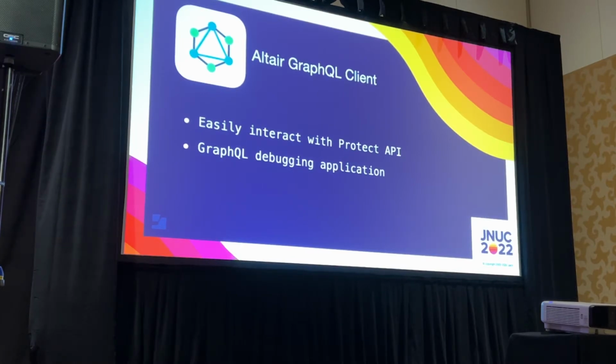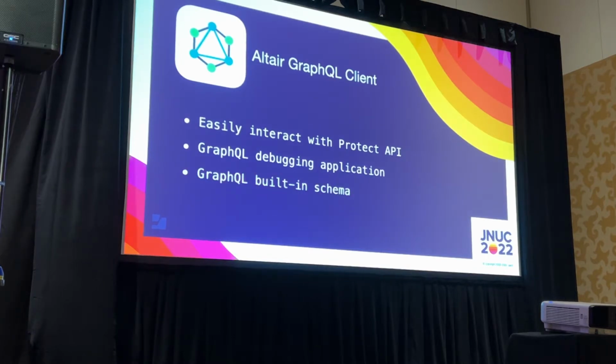It tries some predictive behavior and says, hey, did you mean that or something else? So it tries to autocorrect in case of mistakes. And the most important thing, at least for me, is that the GraphQL schema of Protect is actually built in there. So you can go and dig out the entire schema, which we're going to see in a second.